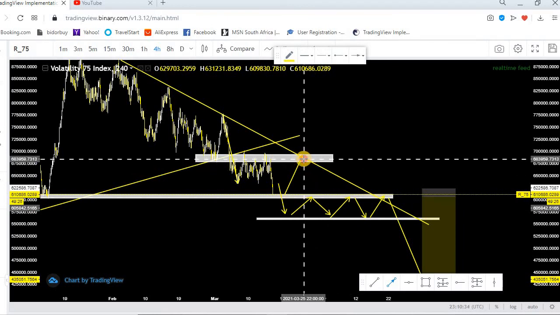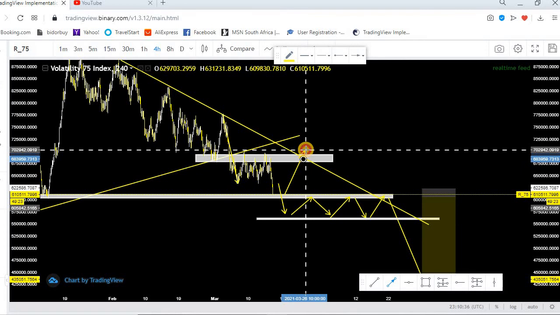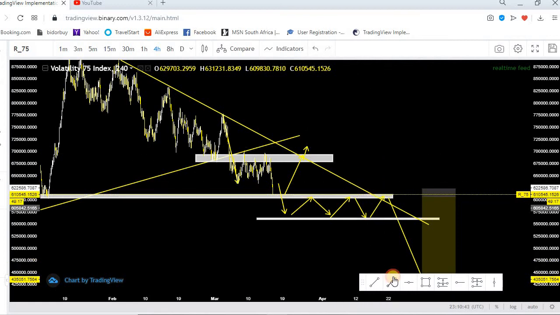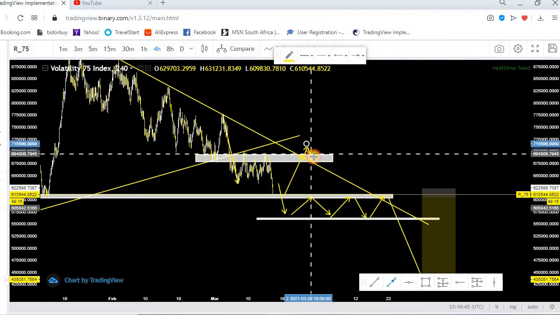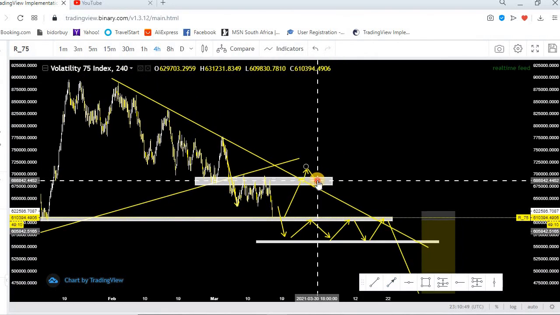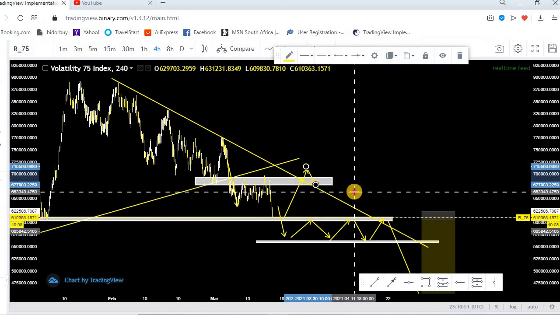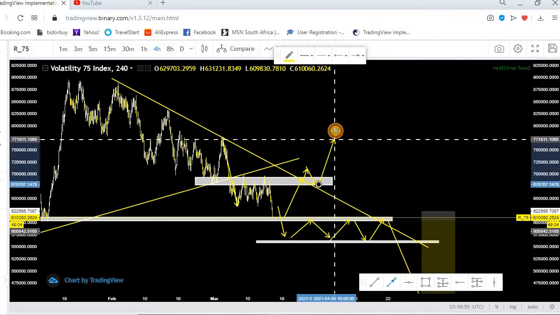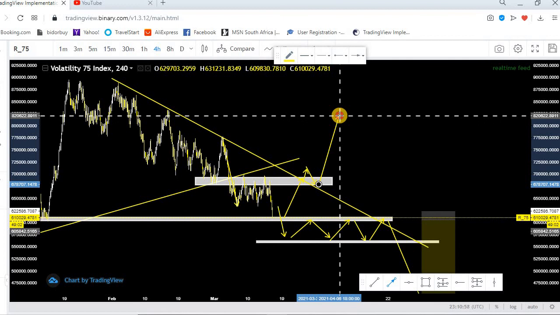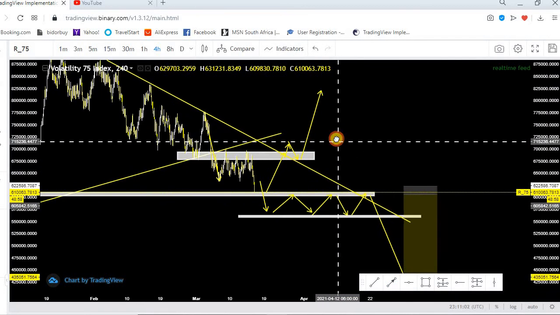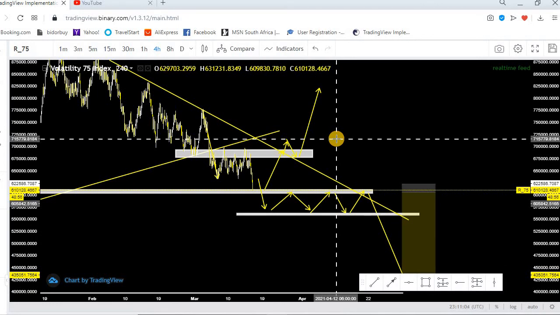But if it breaks this level of resistance and the trend line to this side, the only thing you should look for is a retest of that resistance turned support, which will in turn be retesting the trend line. That's the only time we can consider buying the market, which, if it happens, might take 2 weeks or 3 weeks from the time of this recording.